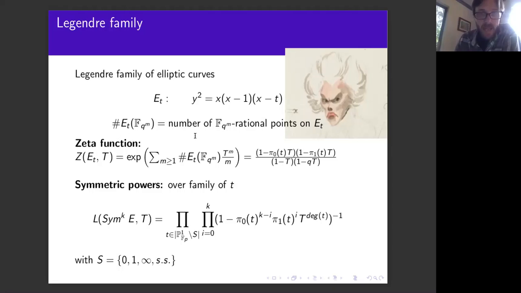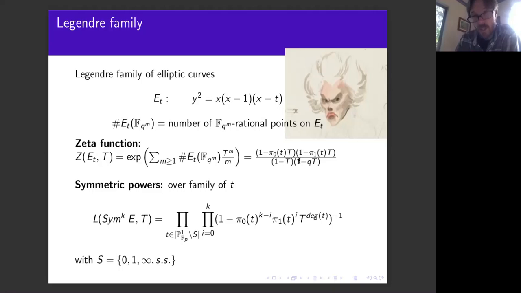And again, as m varies, as the finite field grows with m, we get a sequence of integers, and we can plug that sequence into a generating function, which we call the zeta function.